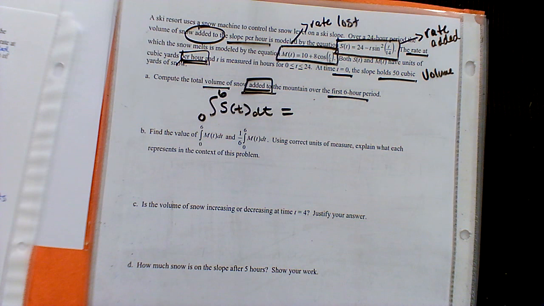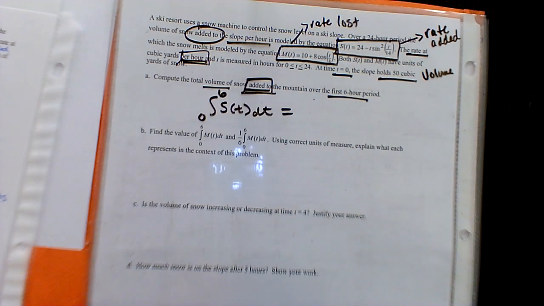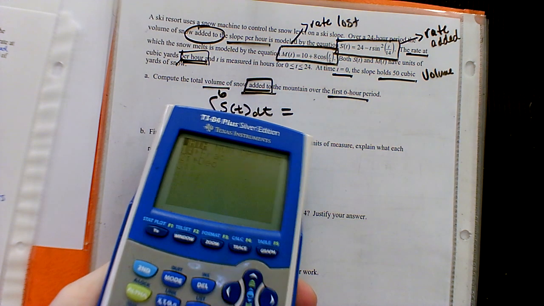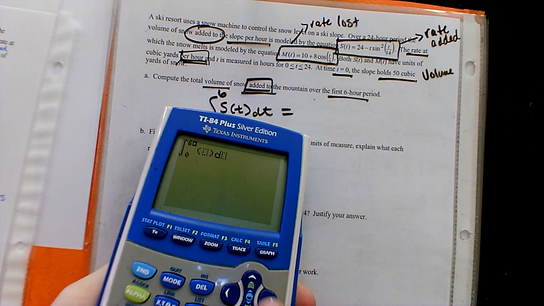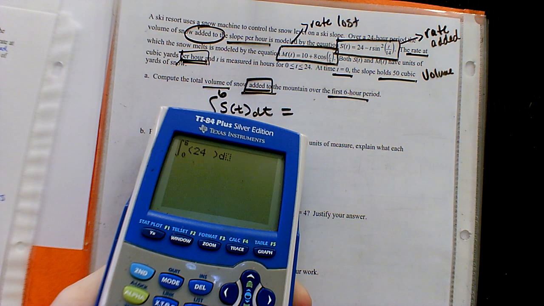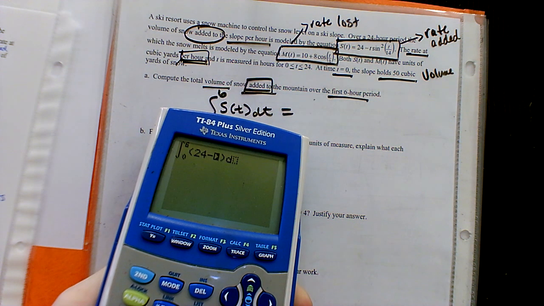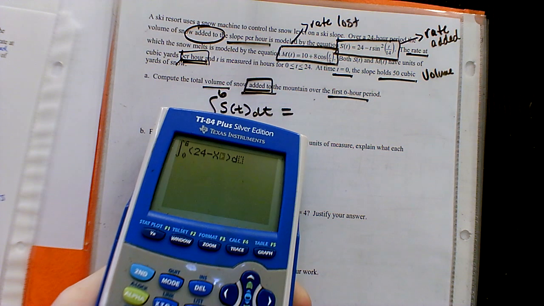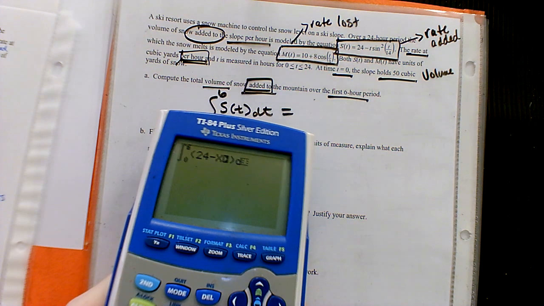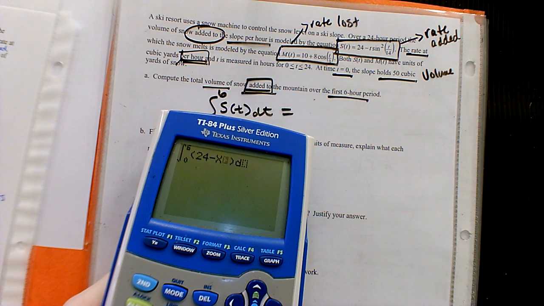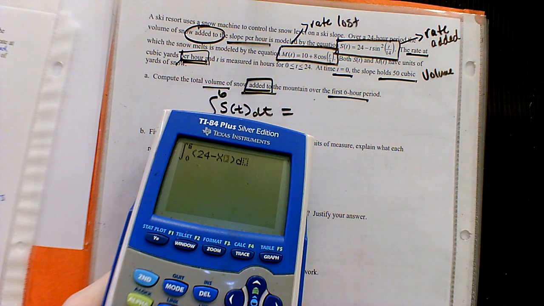All right, so this is why we're going to need our calculator. We're just going to type it in. Make sure you're in radian mode. Since sine is being squared, it's a little different on how it's going to look on your calculator.